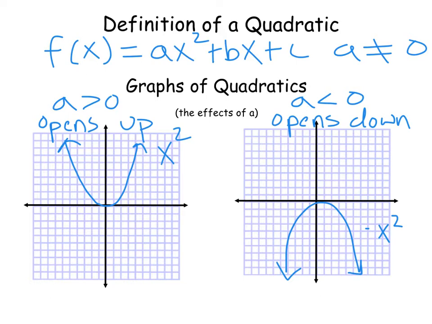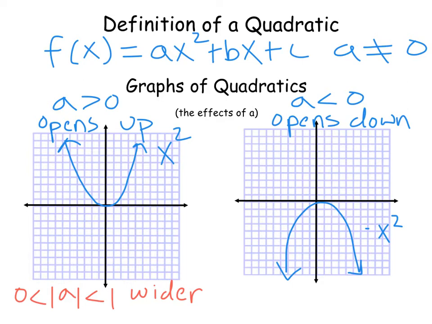That's just half the story with a. There's more. Another thing we like to see is how it compares to 1. Technically, I should say absolute value, because it applies to the negative cases just like the positive cases. Do you have a decimal or a fraction in front of a? That's another transformation that we saw in Chapter 1, and the word we consistently used to describe what was happening was wider.